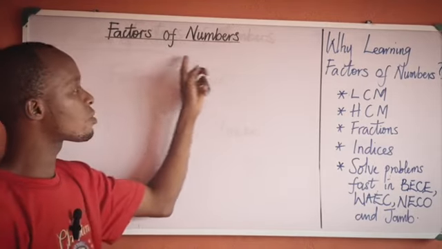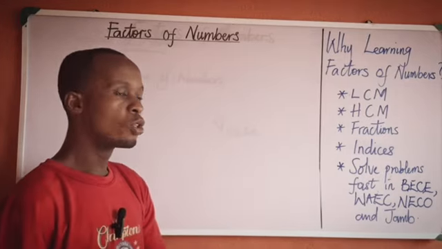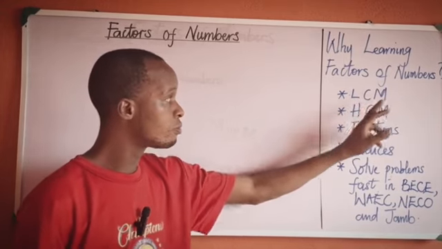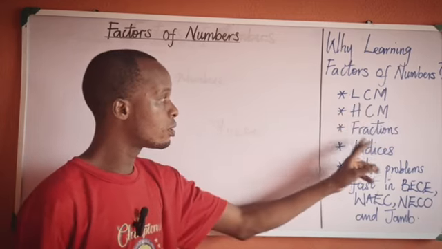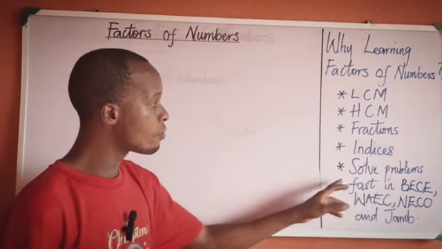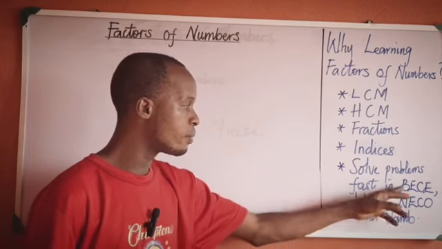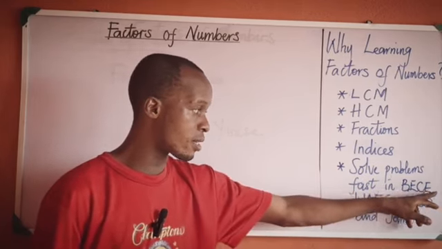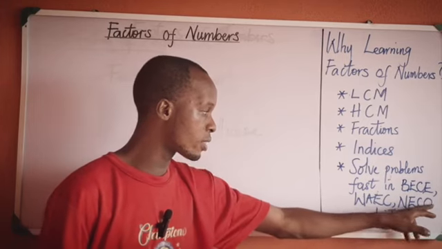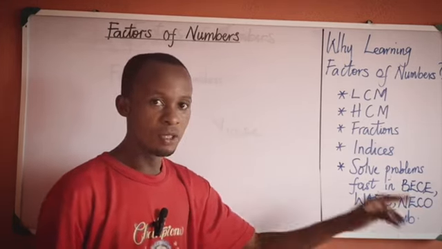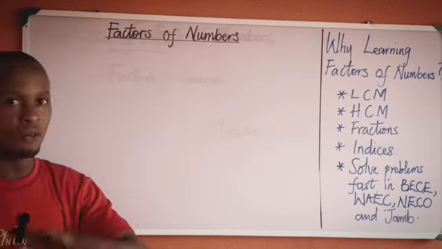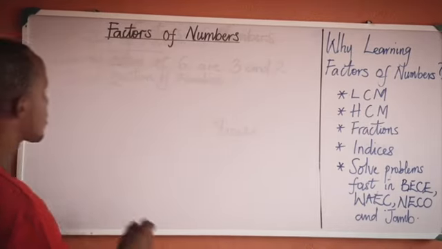Knowing how to find factors of numbers will help you to do well when you begin to learn about lowest common multiple, highest common factor, fractions, indices, and also to solve problems fast in Basic Education Certificate exams, West African Examination Council, National Examination Council, and JAMB. So you see why it's very important for you to learn about factors of numbers. So let's get into the business.